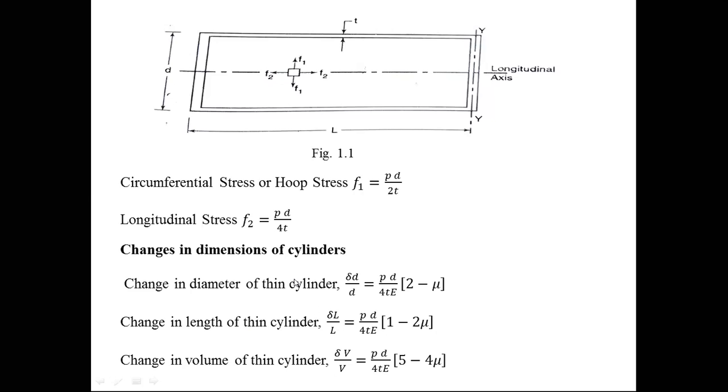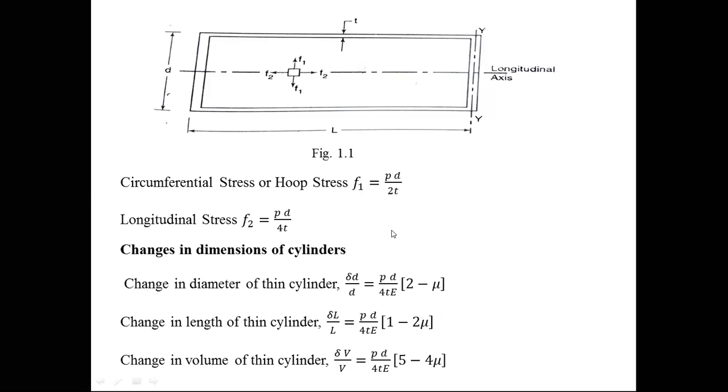Similarly, this is also a formula. PD by 4TE is common for change in diameter, length, and volume of the cylinder. So the only variable term is the bracket: 2 minus mu for diameter, 1 minus 2 mu for length, and 5 minus 4 mu for volume. Just remember all these values.